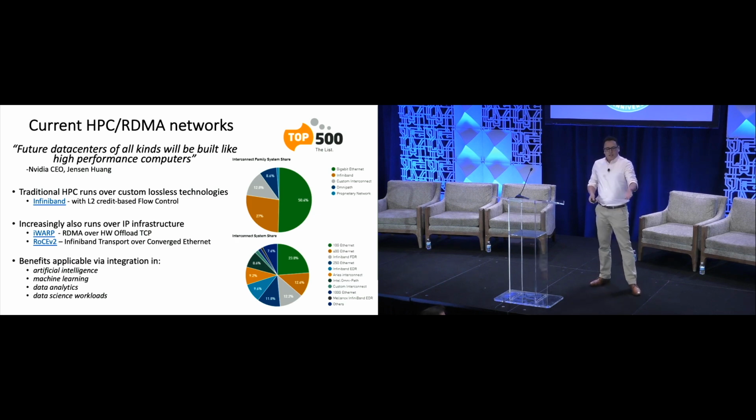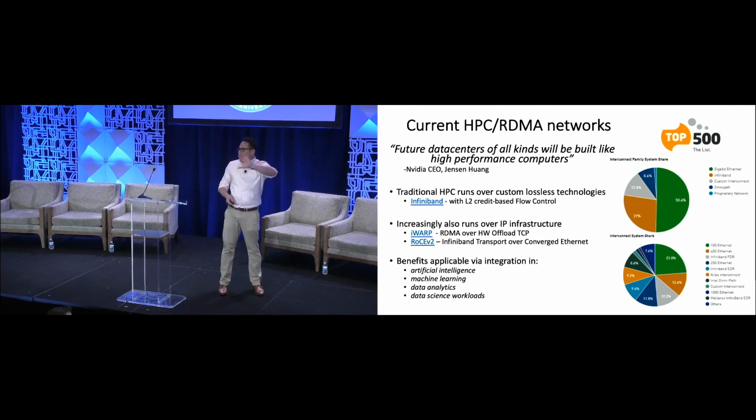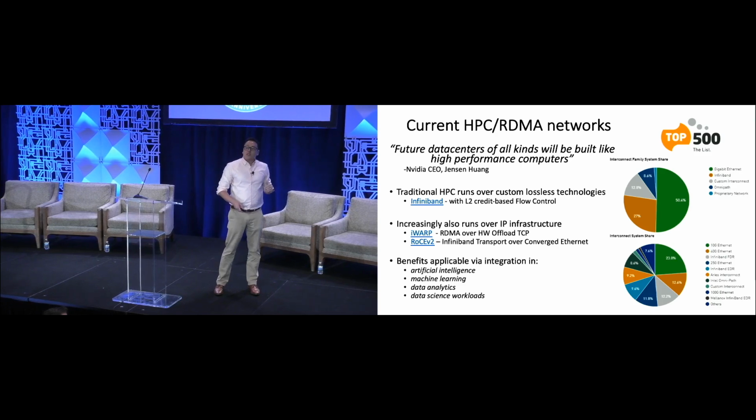In this slide here, what I show is the top 500 supercomputers. If you guys are familiar with it, it's a list that gets published by the University of Tennessee twice a year. And it lists the top 500 supercomputers, and it lists all the characteristics of them.